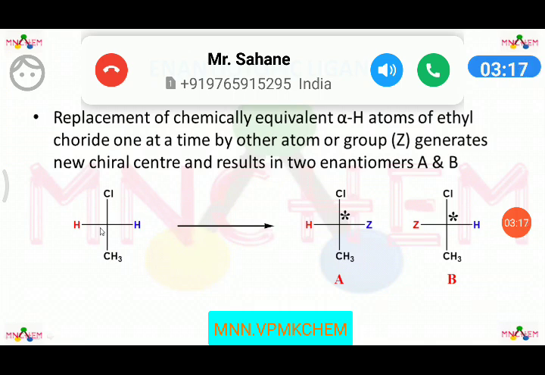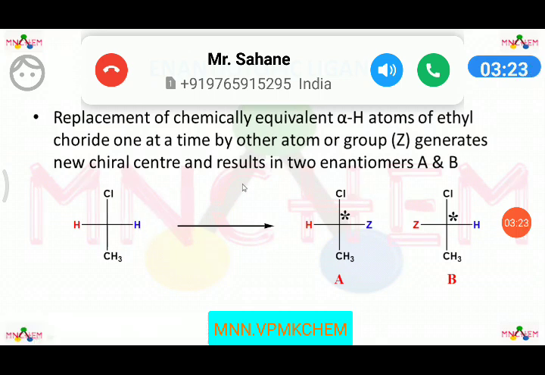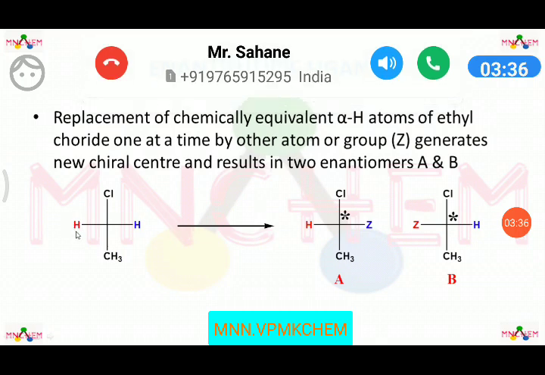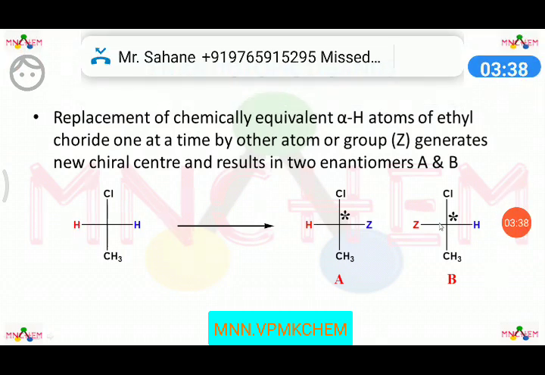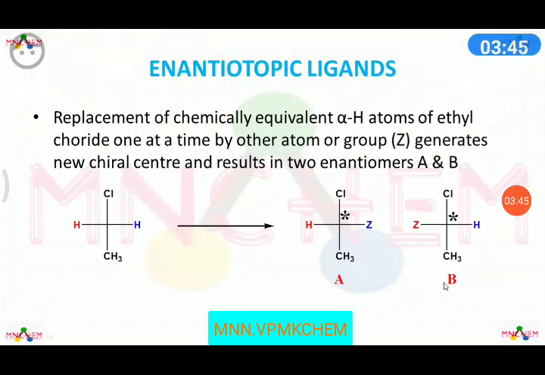Now, if I replace this particular hydrogen by group Z, I will get this product A, and in another reaction, if I replace the red hydrogen by group Z, I get this product B. The products A and B are enantiomers of each other.